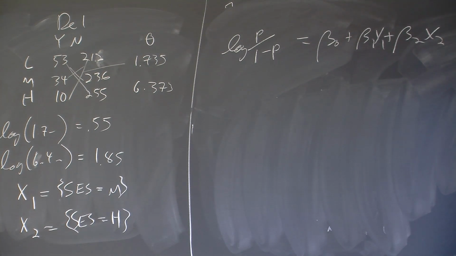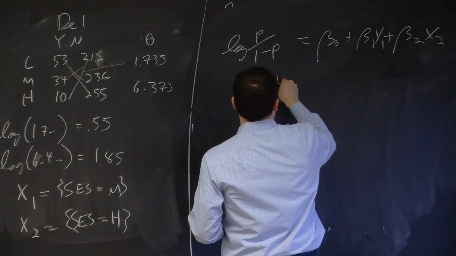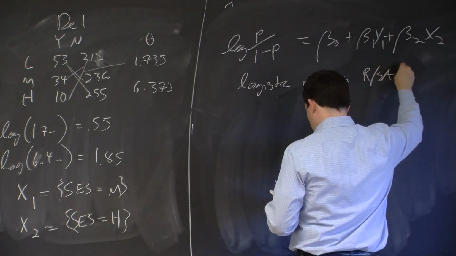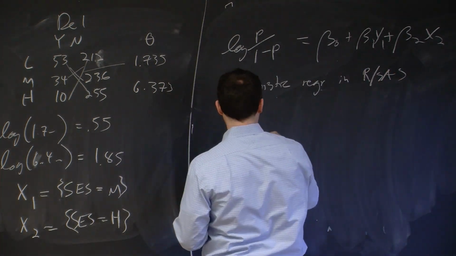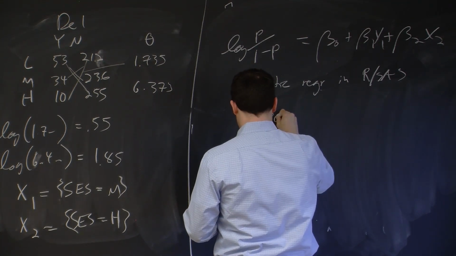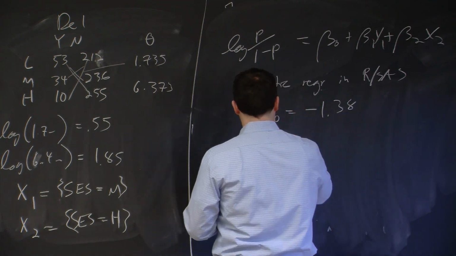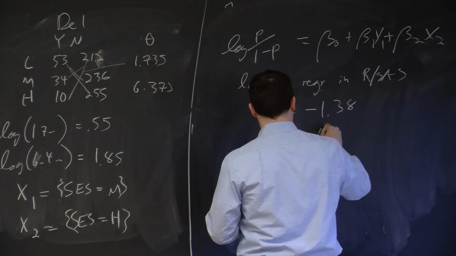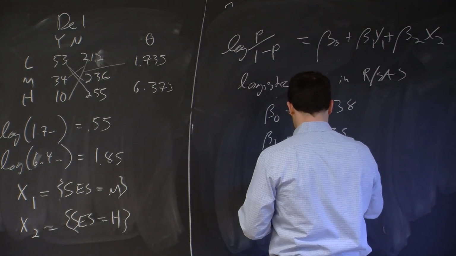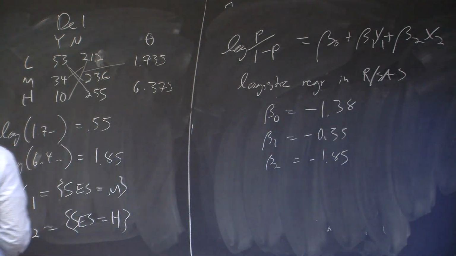And if you do your logistic regression in R or SAS, you'll get beta 0 of minus 1.38, beta 1 minus 0.55, and beta 2 minus 1.85, which look different.